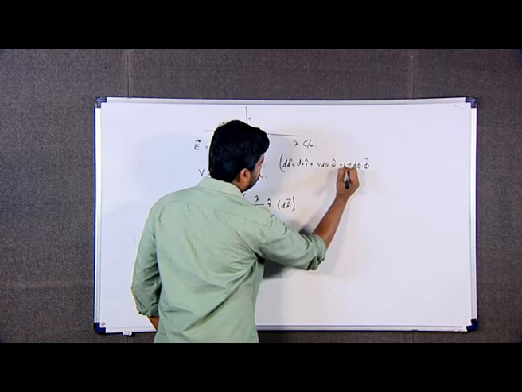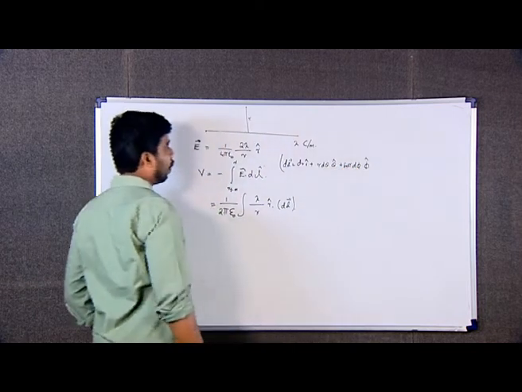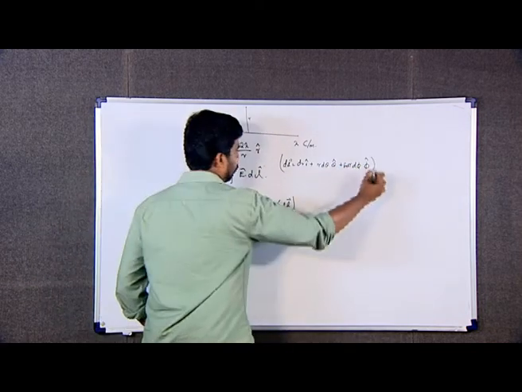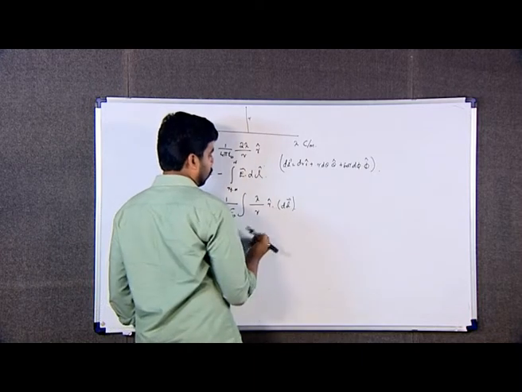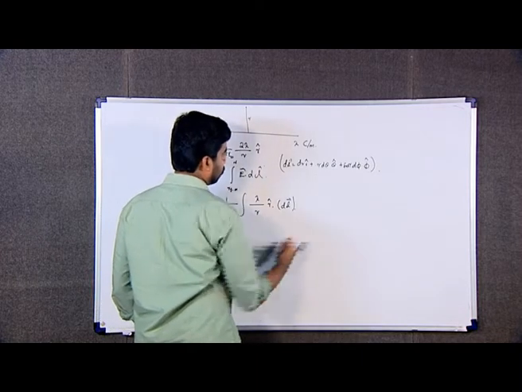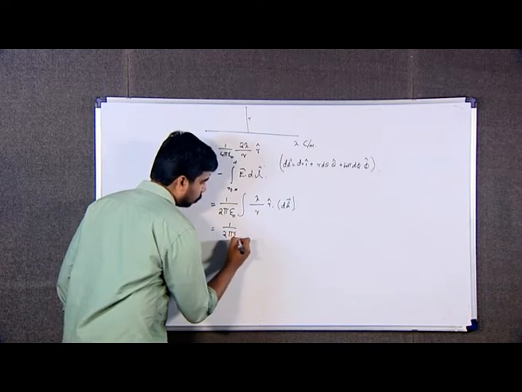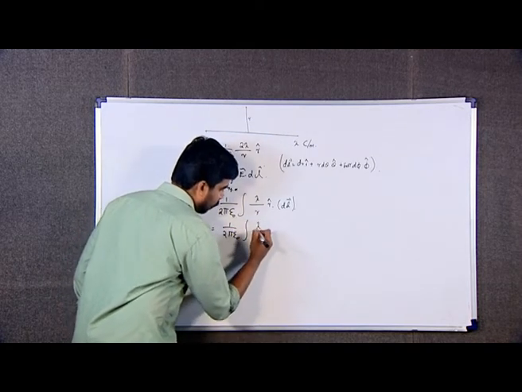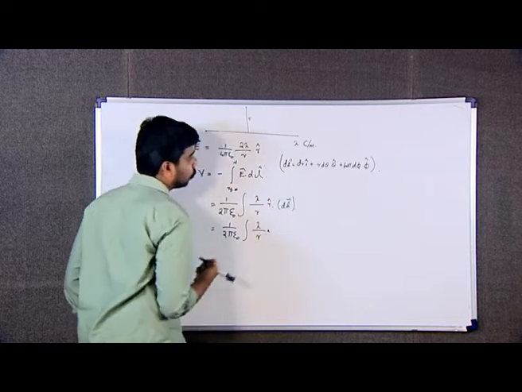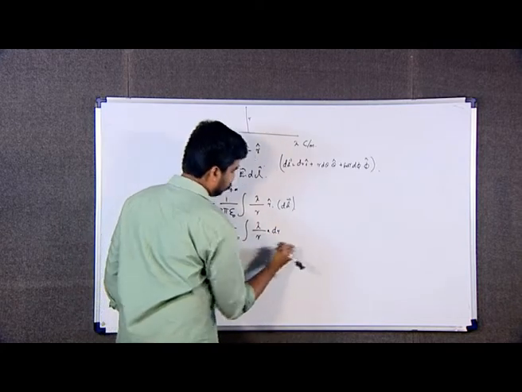In this case also only the first term will survive, all other terms will go, which is equal to 1 by 2 epsilon 0 into the integral of lambda by r into dr.